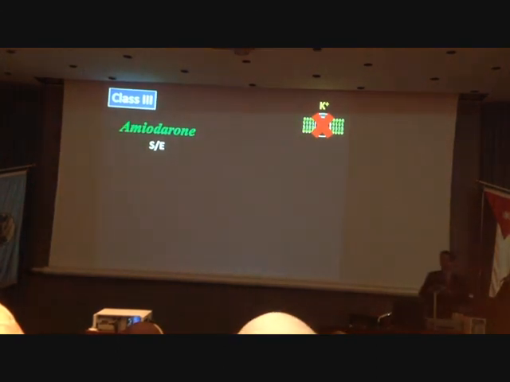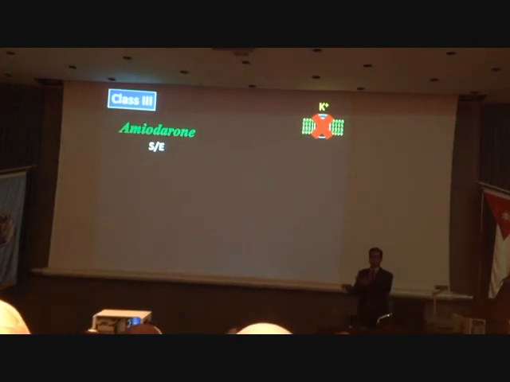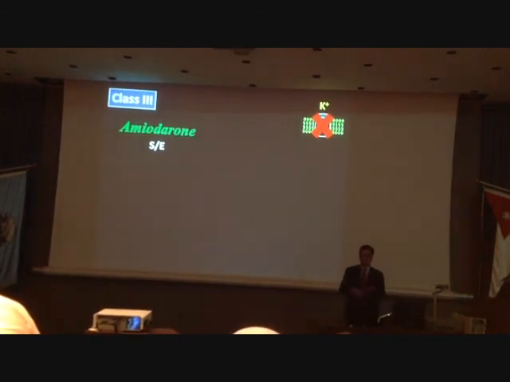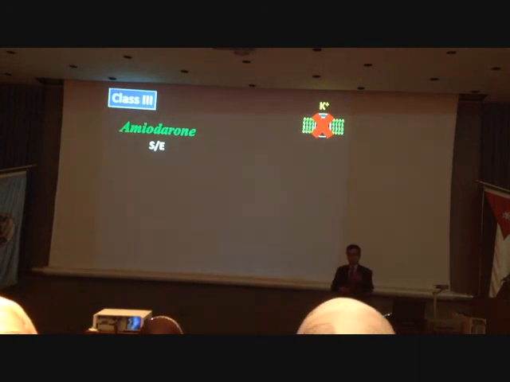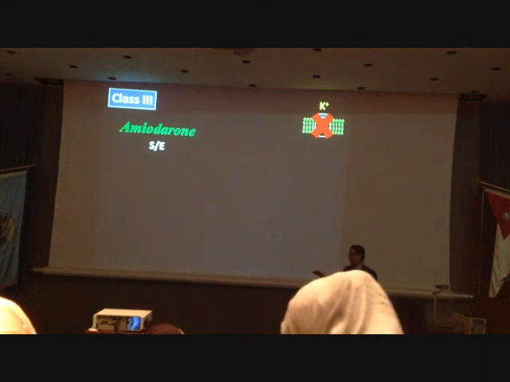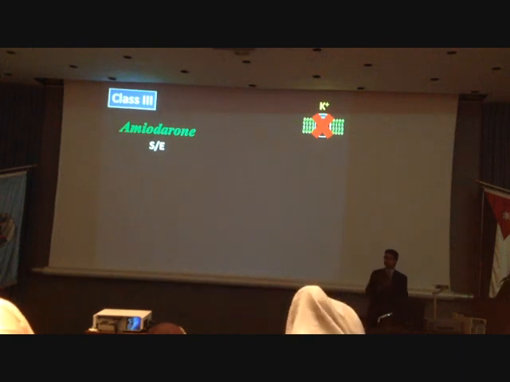All right, the side effects are easily predicted according to what we said before. If it's a thyroxine analog, what could be a major side effect of amiodarone? Let's leave it for a minute. What else? Exactly, hyperthyroidism. But it could happen in both clinical forms.